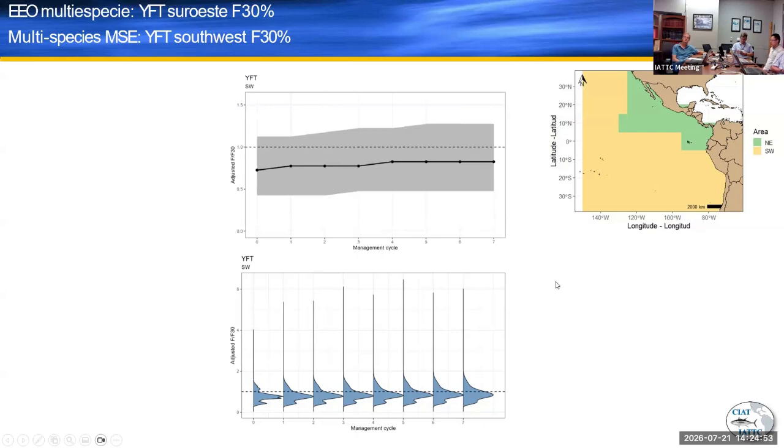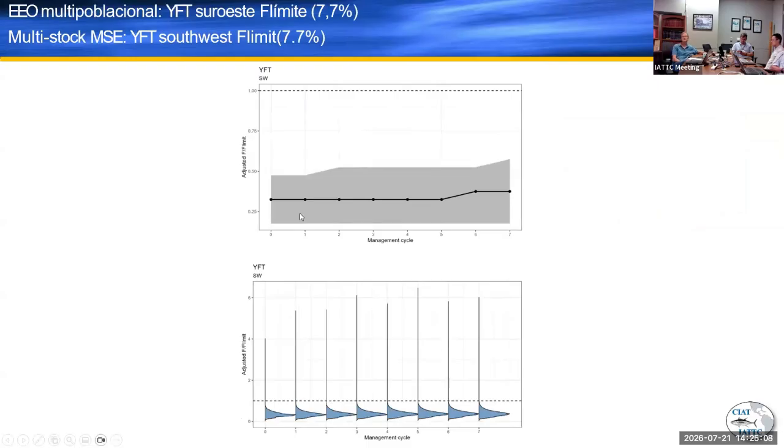That's going to put us in the green quadrant of the Kobe plot, and this is just looking at it as individual distributions for each management cycle. This one here is for the limit reference point, so you can see there's much less than a 10% probability of exceeding the limit fishing mortality reference point.